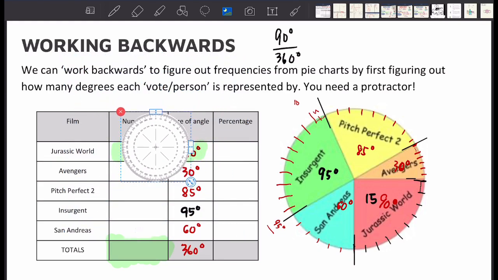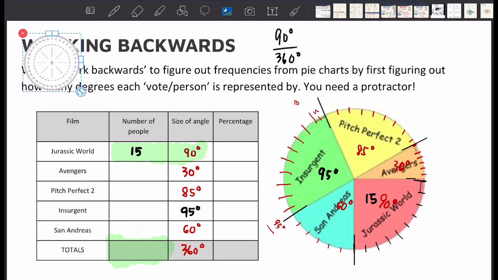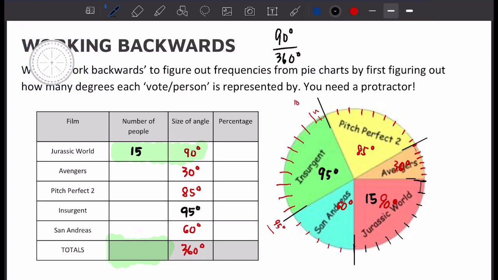So, let's use that to calculate the percentage. 90 divided by 360 is equal to 0.25. Decimal to percent, you multiply by 100.